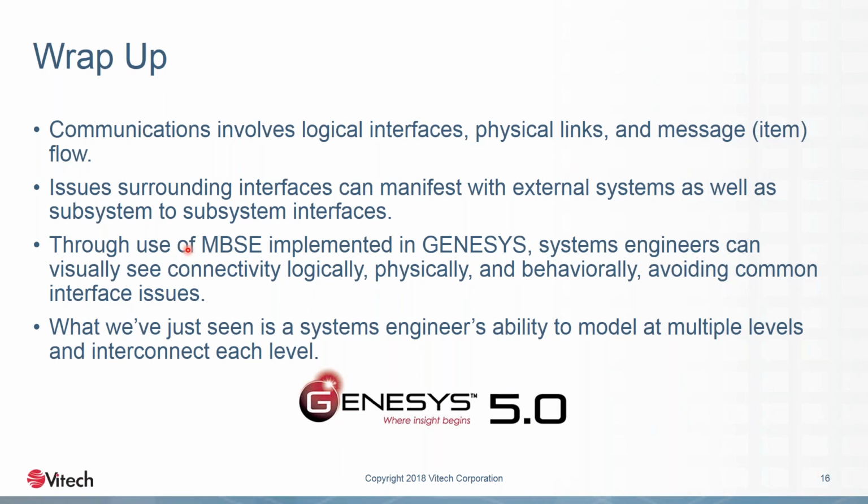So again, we can model these things as they interrelate to an external system that's outside of our control, or it could be within subsystems that are inside of our control, where at the higher level system engineering activity, we're defining what the boundaries of the subsystems are, and we would control what is going between the two subsystems so that that overall pedigree at the system level is maintained at the detailed design levels.